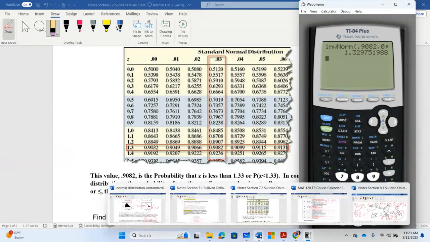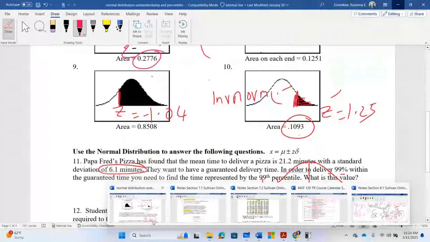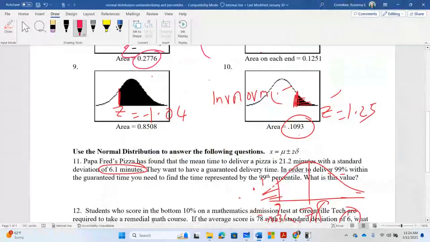Okay. Let's get another example. Let's use this worksheet that I put in some time ago. Let's do it again.